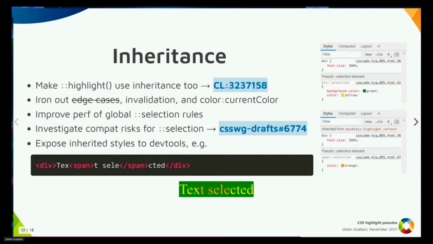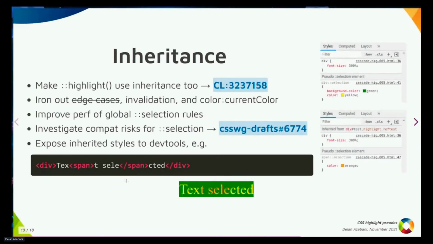We want to iron out various edge cases that were explicitly handled under the old system, as well as invalidation and setting color to current color, which is kind of like a special case within a special case. We also want to improve performance of universal selection rules, which are incredibly prevalent. There are some potential compat risks and other issues that we need to look into. And ideally, we'd like to eventually expose these styles to dev tools.